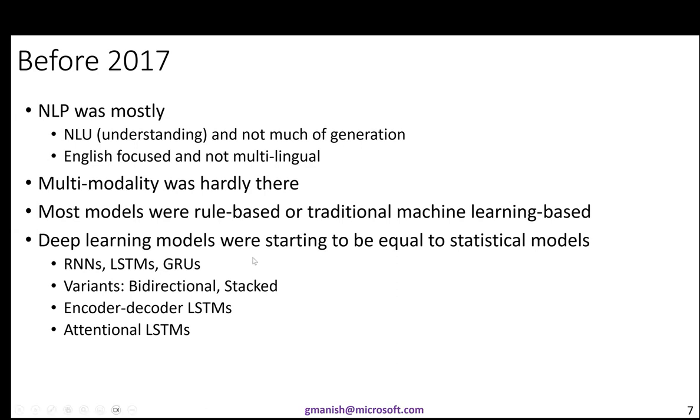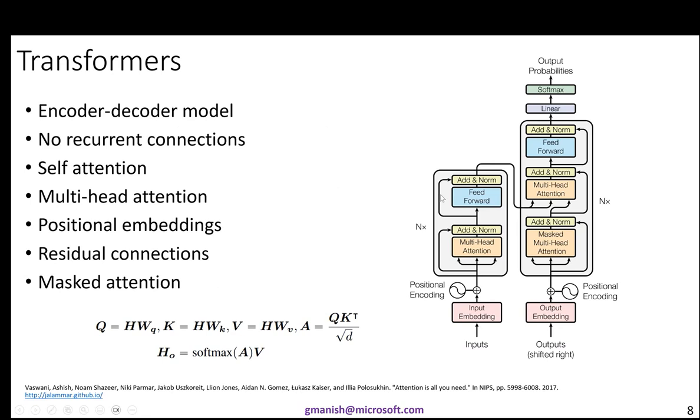Even when deep learning started coming up, people used things like RNNs, LSTMs, GRUs, bidirectional LSTMs, stacked LSTMs, encoder-decoder LSTMs. That is when people realized that deep learning has a promise to be better than traditional machine learning or rule-based methods. And then attentional LSTMs. And then attention led to Attention Is All You Need, which is the transformers work.